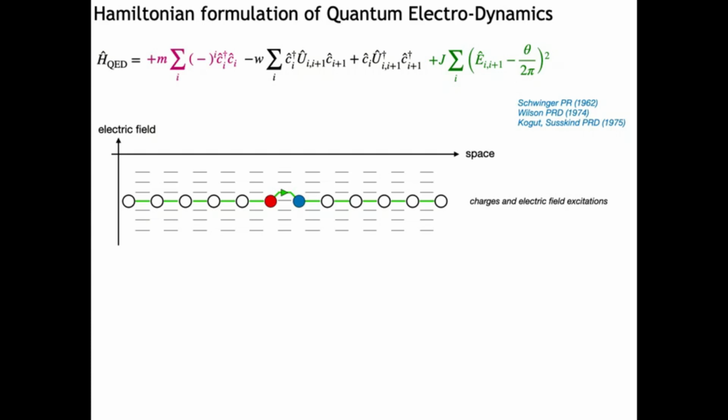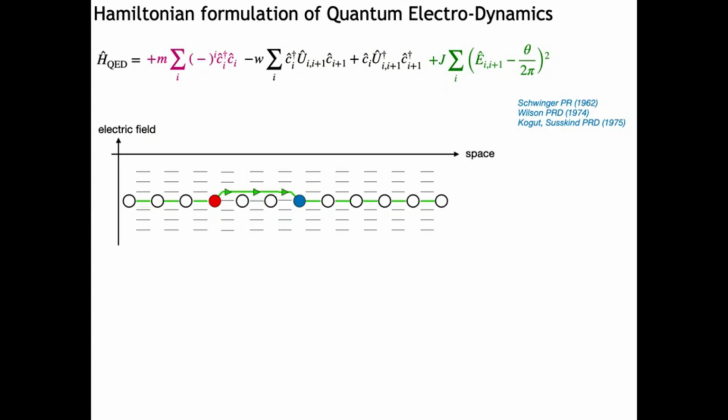gauge fields. Okay, so the shape of this green line keeps track of the variation of the gauge field, of the electric field, while the red and blue particles are associated with the charges. Okay, so we can act again on another site, and this creates another pair of particles. Now we can act with the interaction on the inner pair, right?